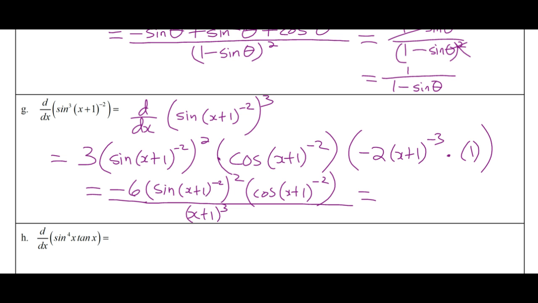So we could write negative 6, 1 over sine, 1 over. But wouldn't the cos also be on the bottom of the denominator along with the x plus 1 cubed? So then do those all belong down there? Oh wait.